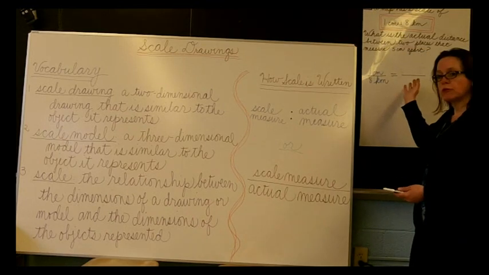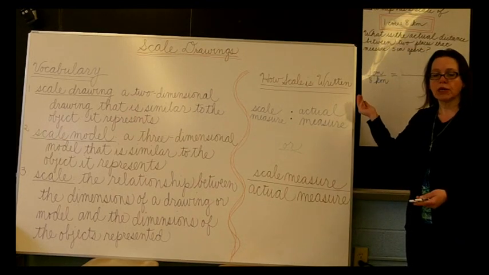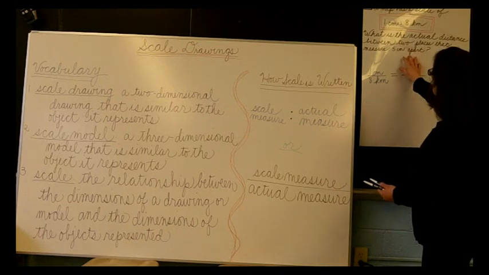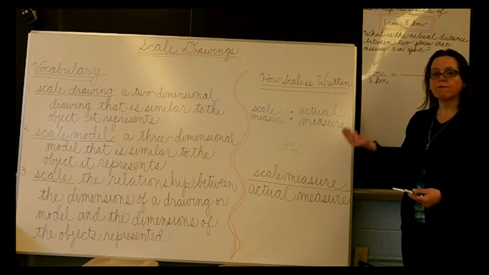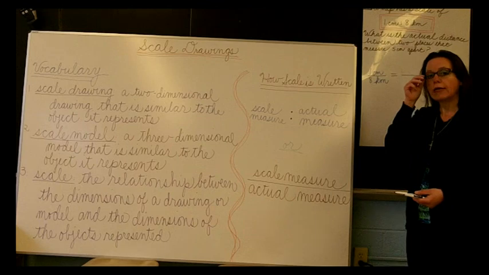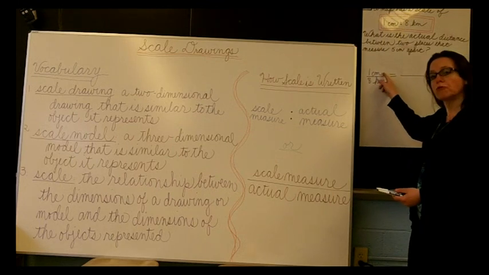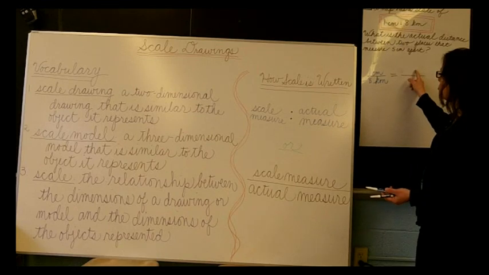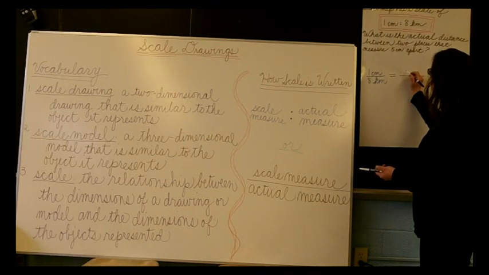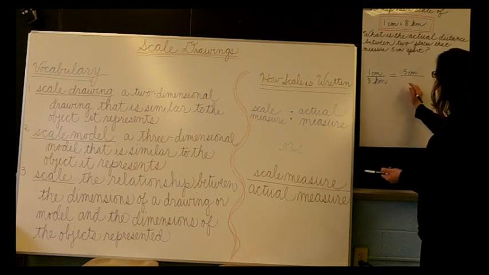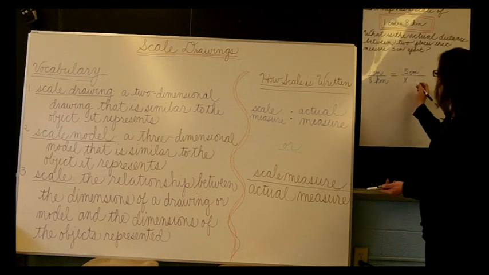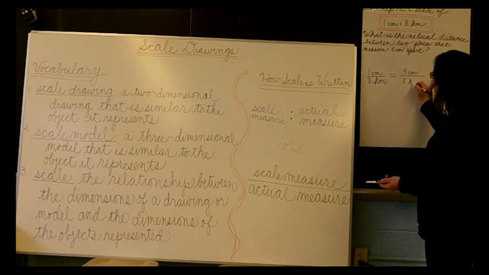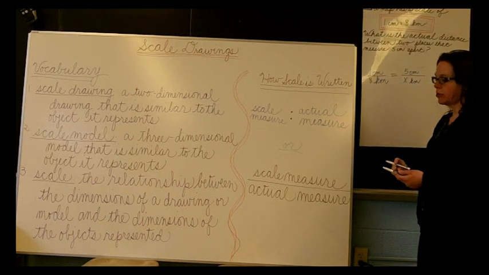And now we fill in any other numbers that we know. We know that on the map, the two places are 5 centimeters apart. Now, since centimeters is in the numerator in our first fraction, it absolutely has to be in the numerator of our second fraction. So I'll put the 5 centimeters here. And we are looking for the actual distance, so our denominator here is x kilometers.